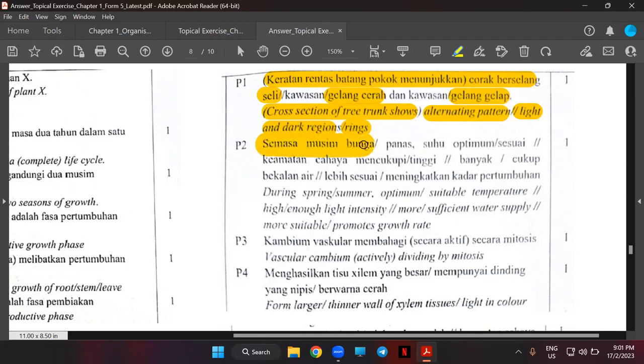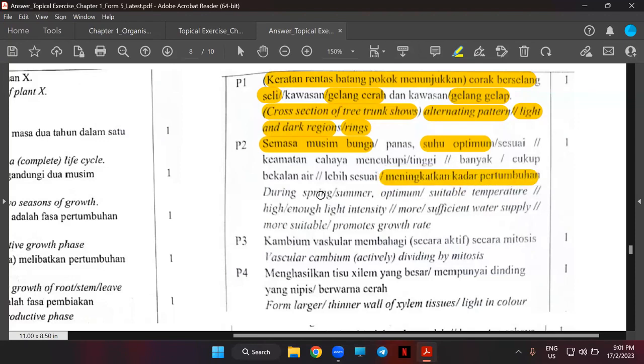Semasa musim panas, bunga atau panas, saya pilih bunga saja. Semasa musim bunga, suhu adalah optimum. Ataupun keamatan cahaya mencukupi. Ataupun banyak bekalan air. Okay.